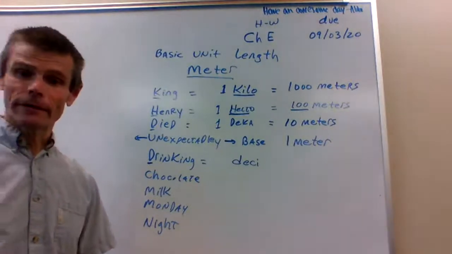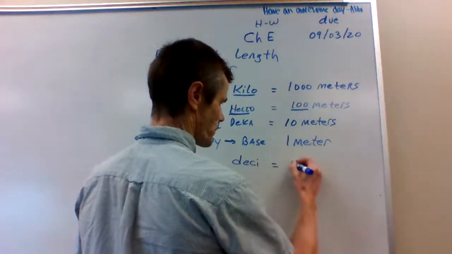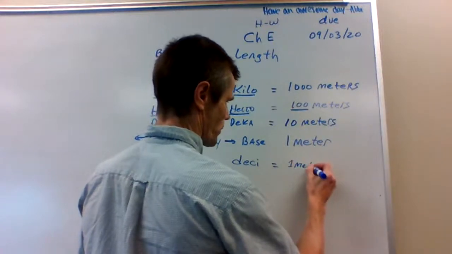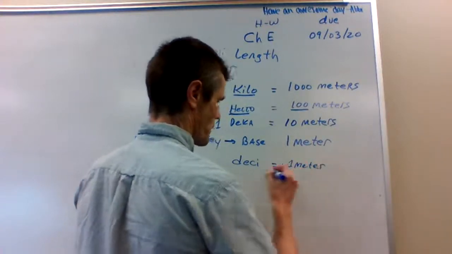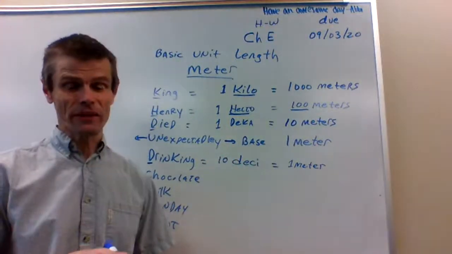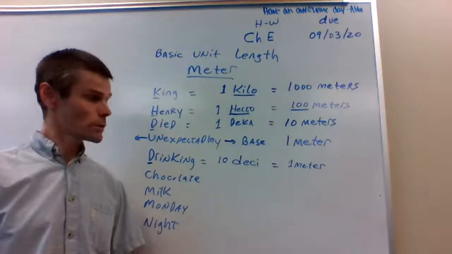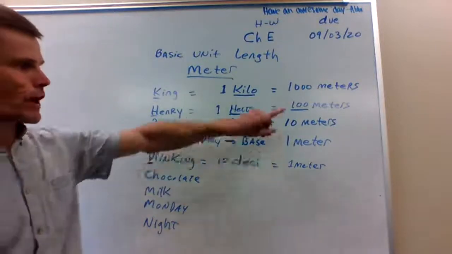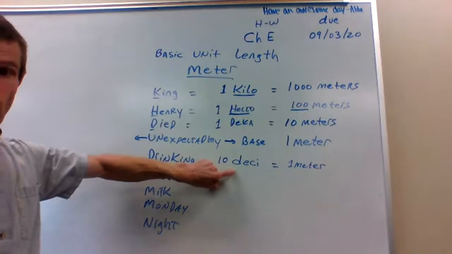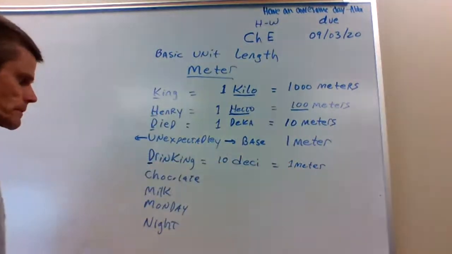I like to think of it as 1 meter has 10 decimeters in it, or 1 decimeter is 1/10 of a meter. Are we good? Do we see how this is changing? These are smaller units of our base.